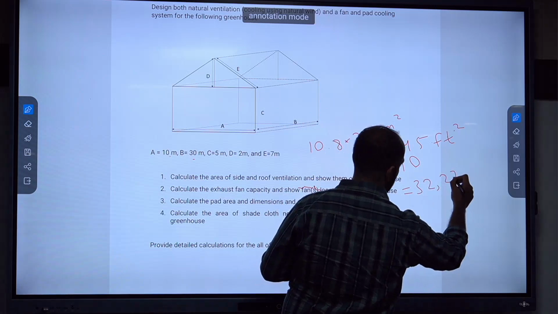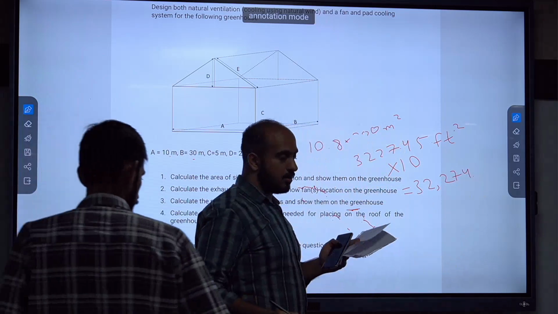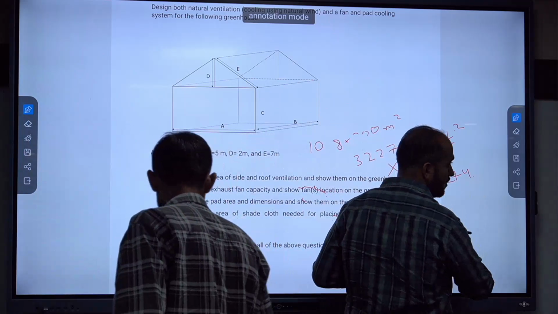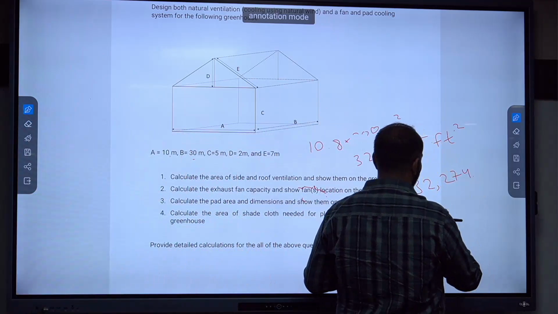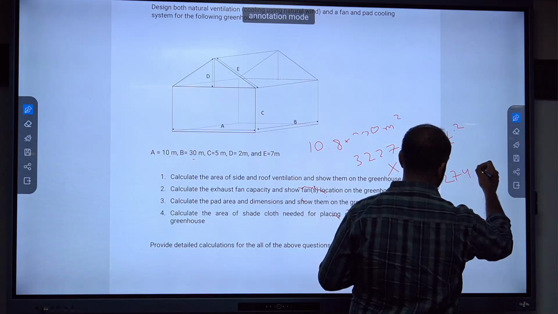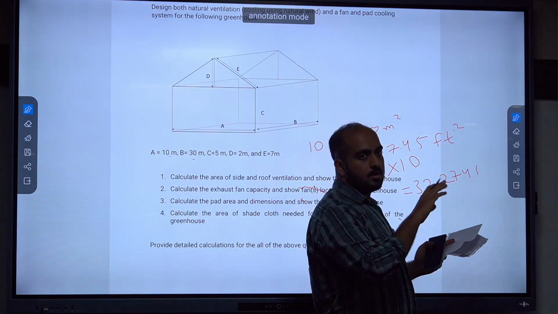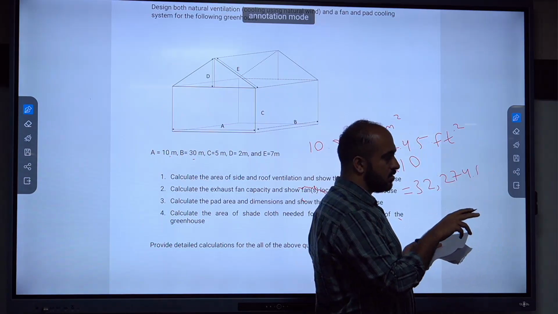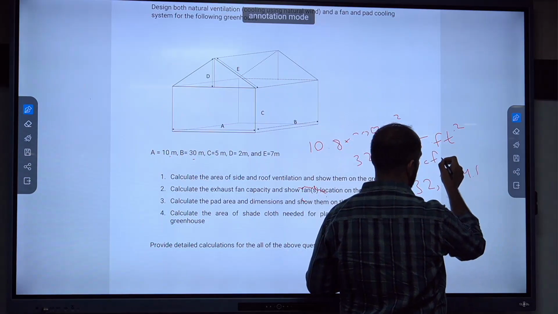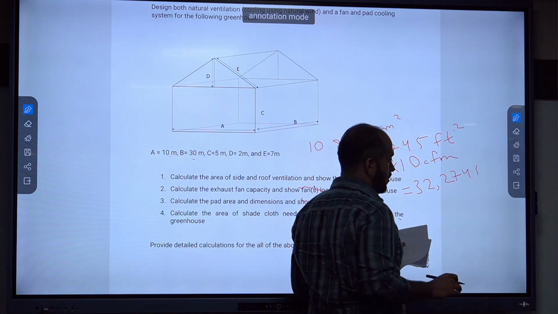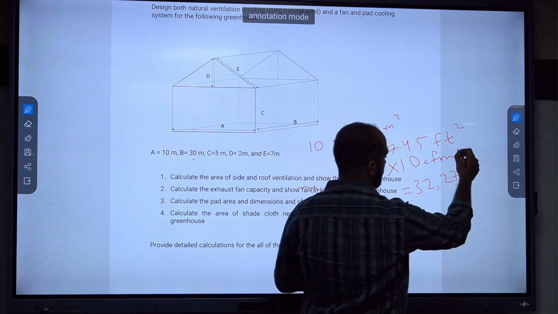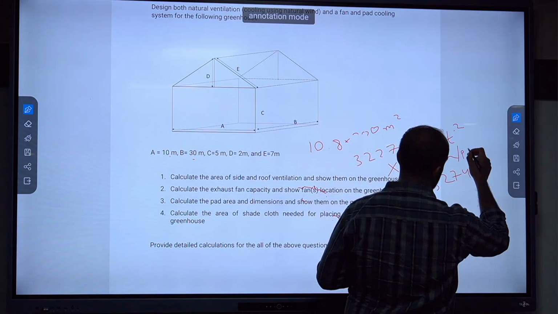So 10 for what? Put the units for 10. We want to be very, very accurate, right? We need to understand what are the units of 10. 10 what? Cubic feet per minute. Per what? Per square feet. Otherwise, they won't get cancelled.